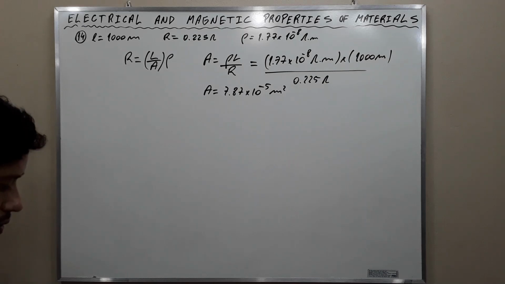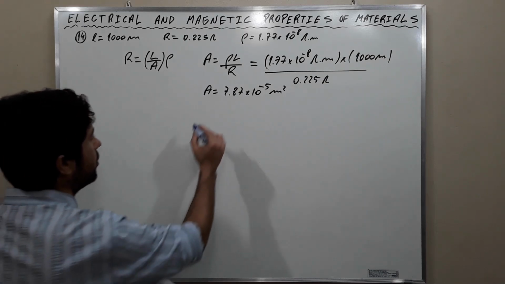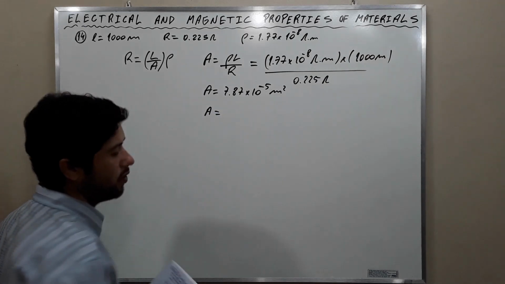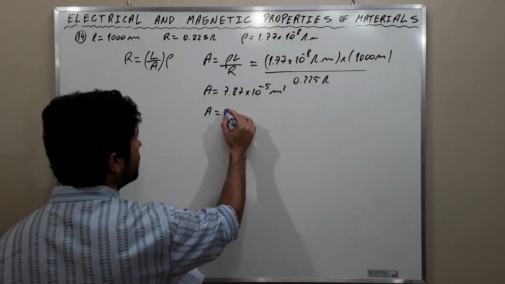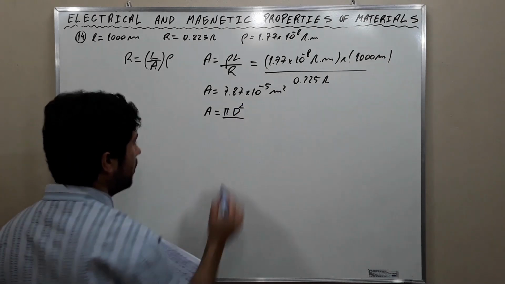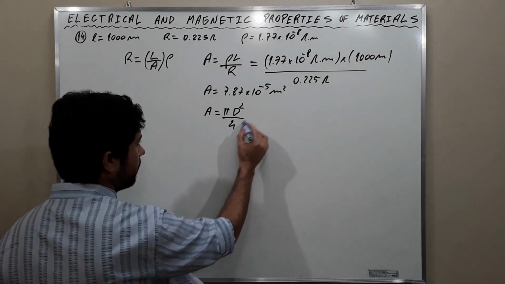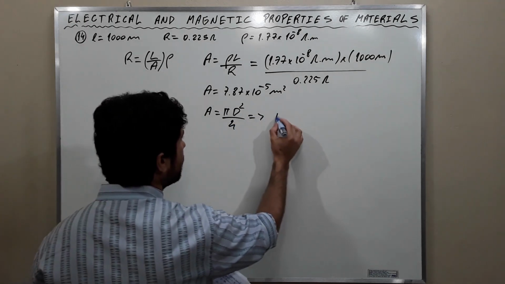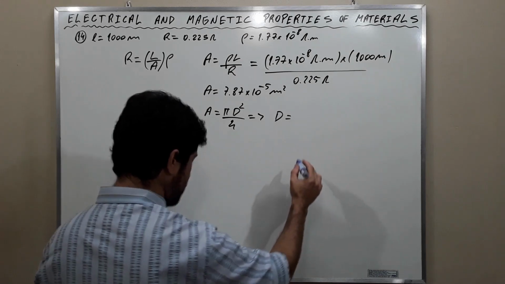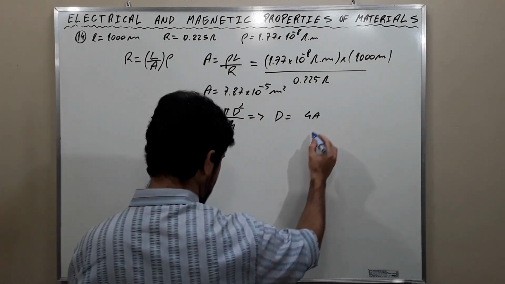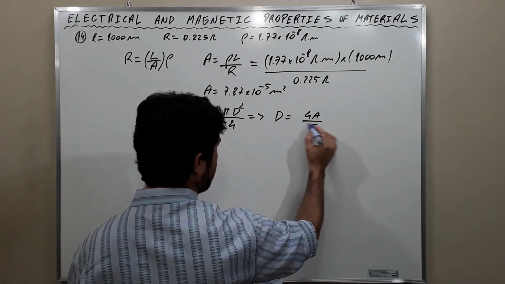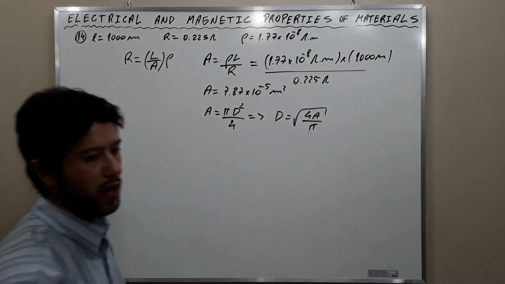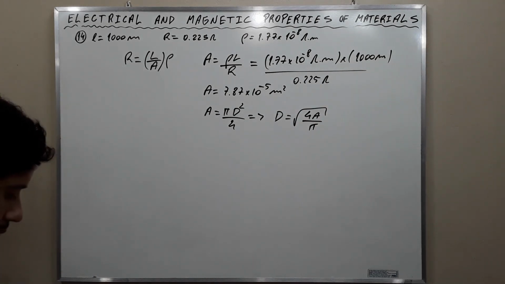Subsequently, we use the expression of area given the diameter, and we find that the diameter is the square root of 4A over pi.